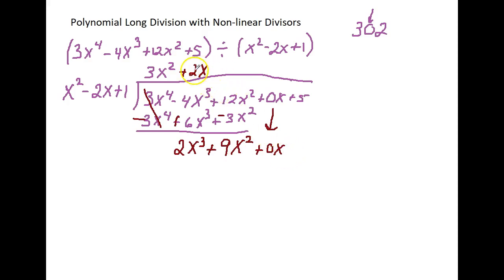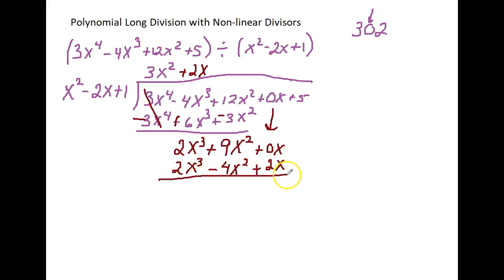So then I take 2x times x squared, and I get 2x to the third power. I take 2x times negative 2x gives me negative 4x to the second power. And then I take 2x times 1, and that gives me plus 2x.